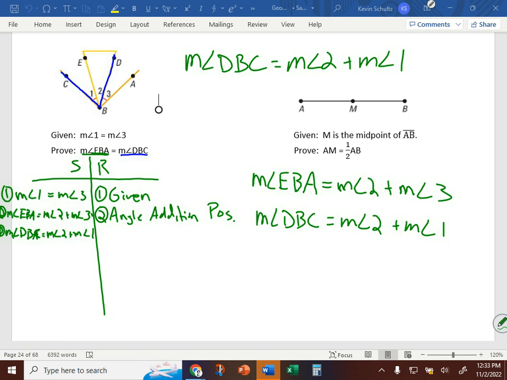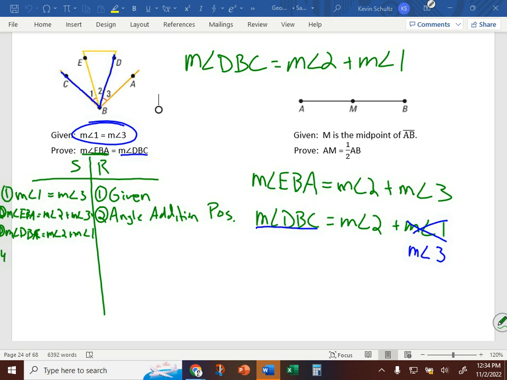Okay? So what can we do? Alex. Okay, so Alex is taking angle DBC, which we know is angle 2 plus angle 1, and he's saying because we were given that angle 1 is equal to angle 3, we're going to replace this angle 1 with an angle 3, right?